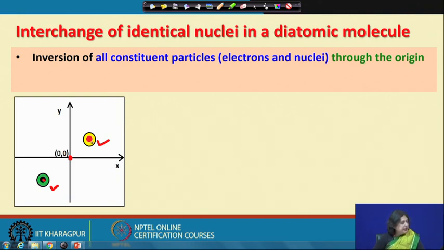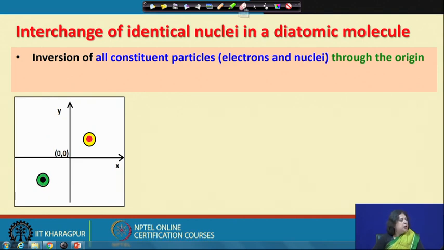Now, as you see, I have this particle 1 and this particle 2. For the sake of understanding, I have colored the nucleus of particle 1 as red and the electronic cloud as yellow. For particle 2, I have used black as the center and green as the electron density.